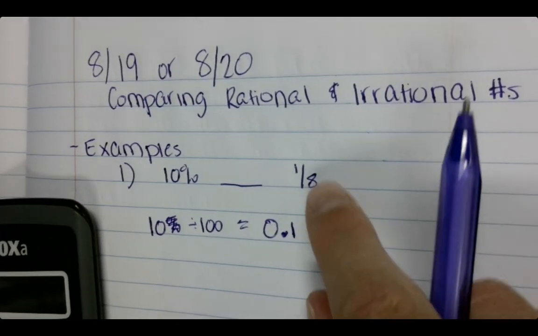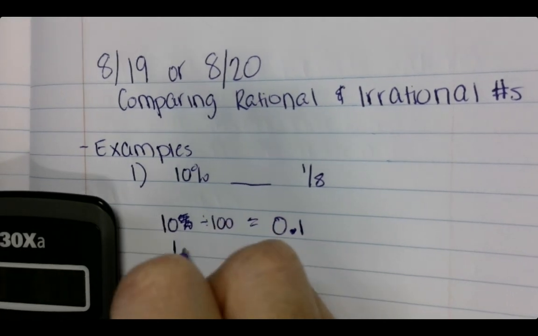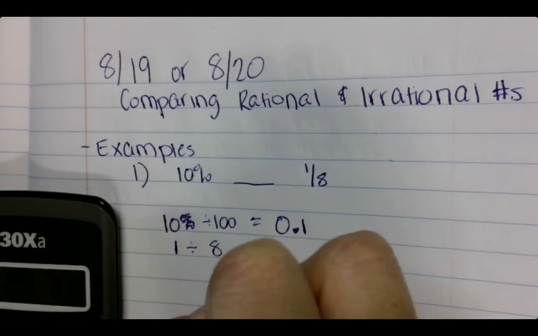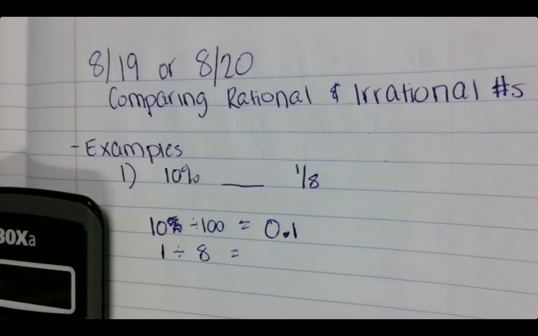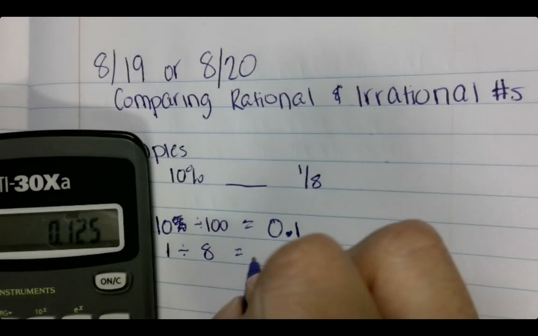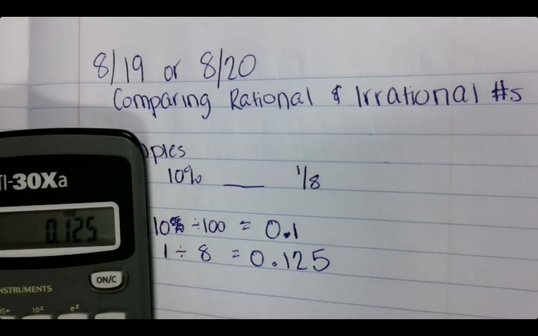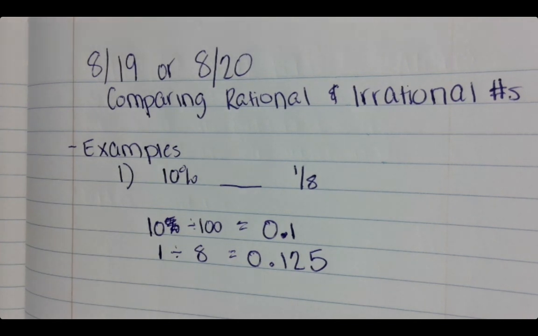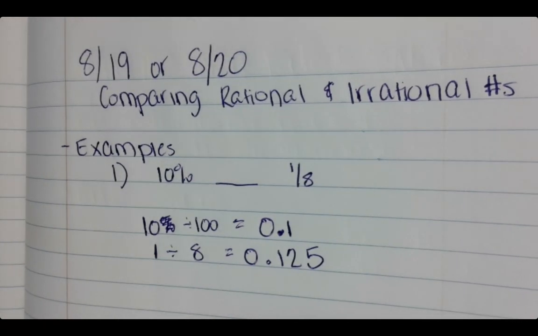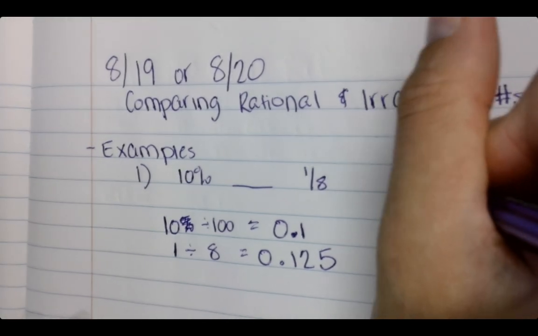And then to change a fraction into a decimal, I do the top number divided by the bottom number. 1 divided by 8 is 0.125.